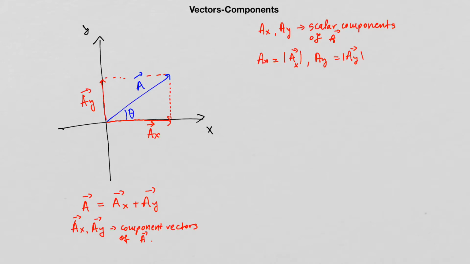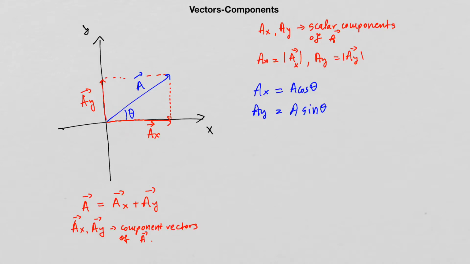So then, based on the picture here, I can calculate the components of vector A by using trigonometry. So ax is simply equal to the magnitude of A times cosine of theta, and ay is simply equal to the magnitude of A times sine of theta. So I started here with knowing the magnitude of the vector A and the orientation in space given with the angle theta.